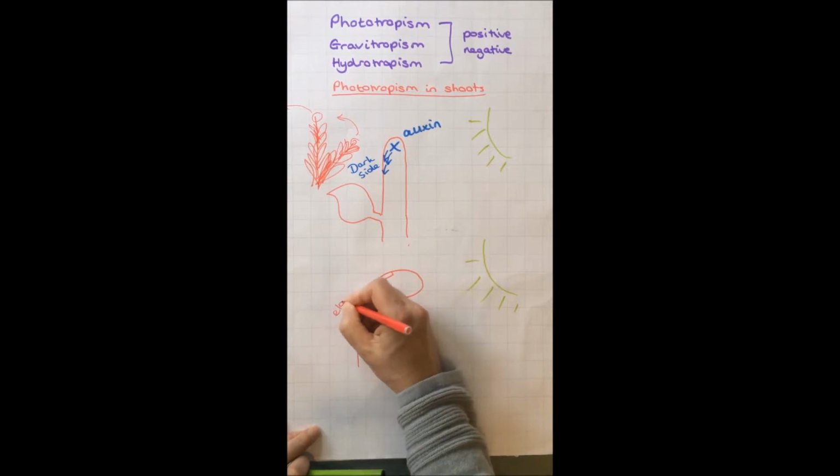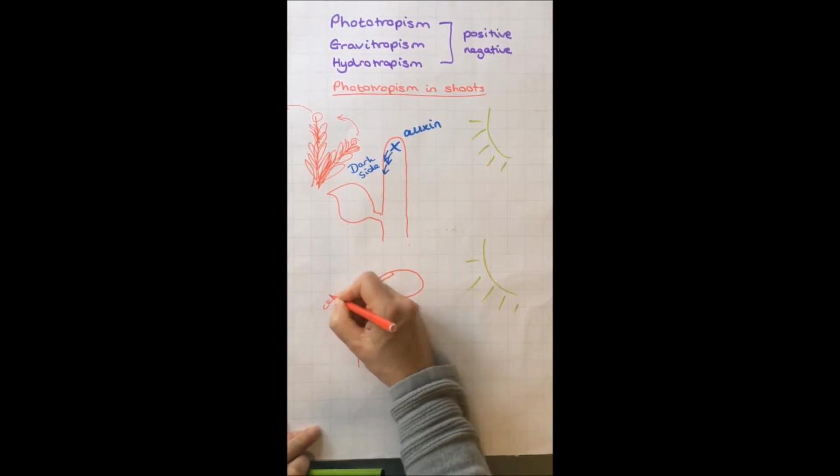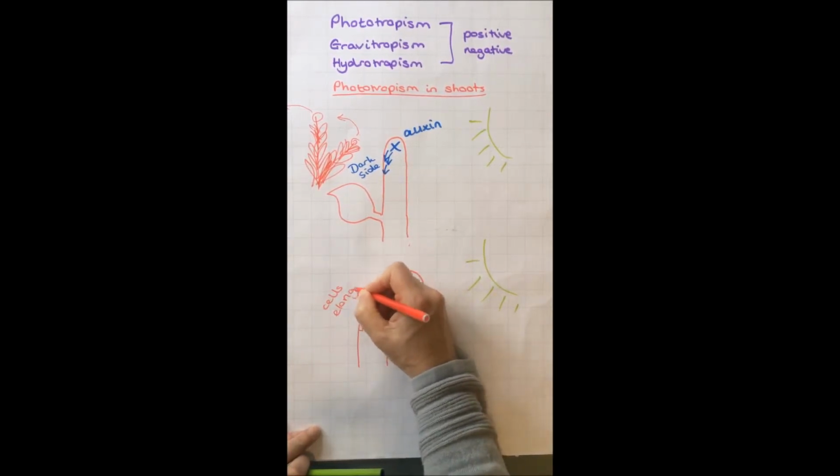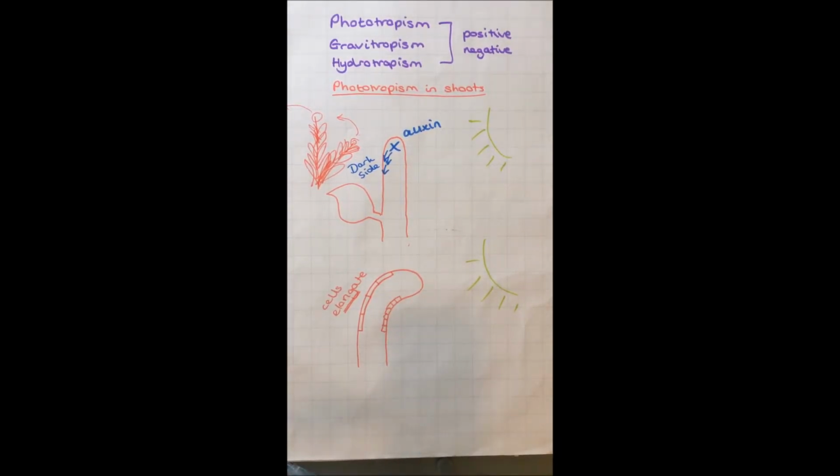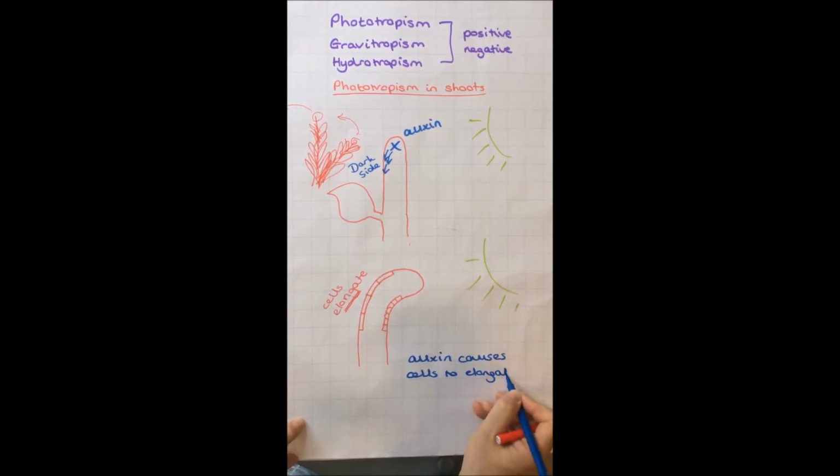So the auxin causes those cells to elongate, they get longer. And that's the principle behind phototropism in shoots.